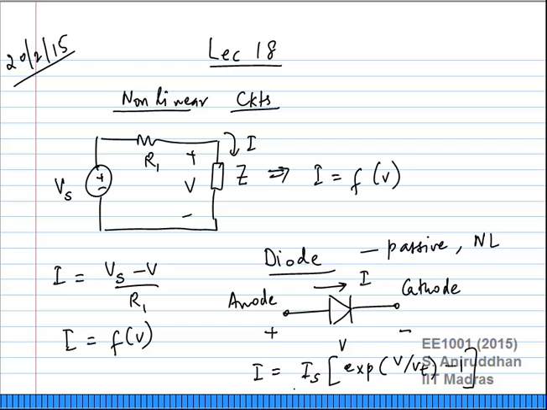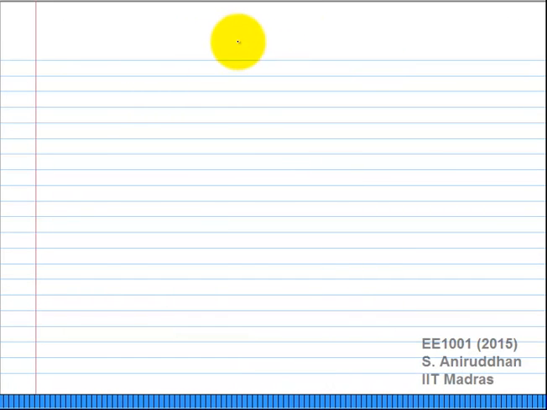Number one, it will help you understand what happens when different voltages are applied to the diode, and you want to find out what the current is, and vice versa. But more importantly, as we'll see in today's class, it can also help you solve some very simple circuits and get some intuition on what happens inside these networks. So let us plot out the characteristics of the diode.